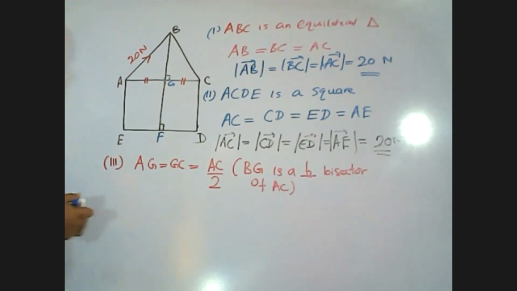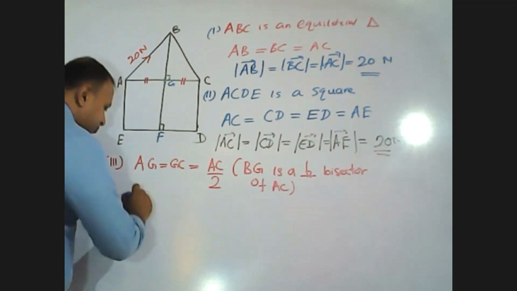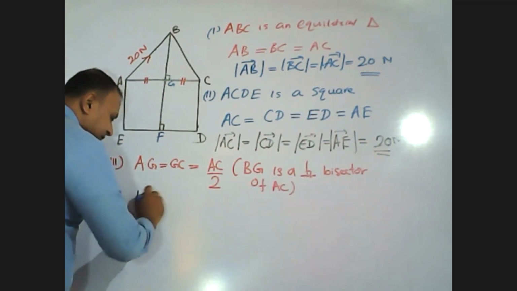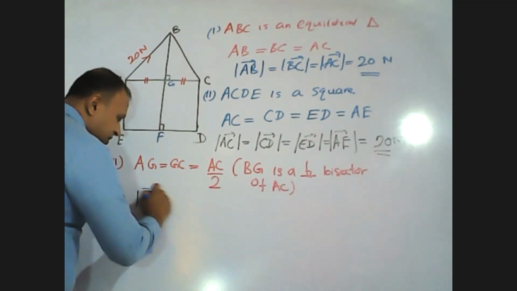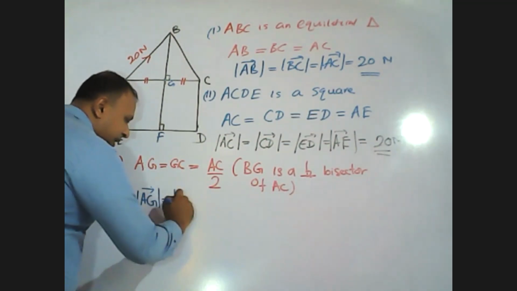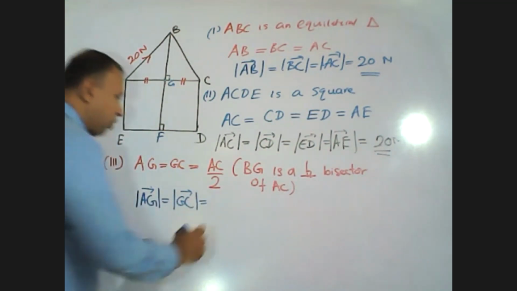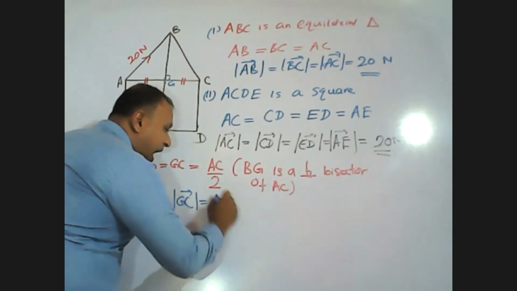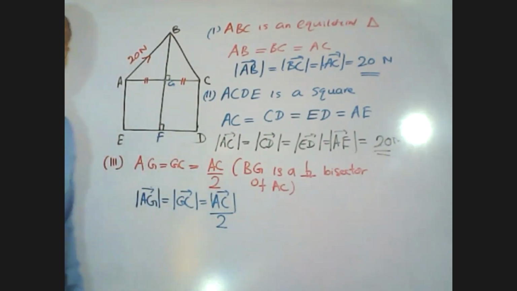Okay. That means, look at how I write this one. The magnitude of the AG vector should be equal to the magnitude of the GC vector, and that should be equal to half of the magnitude of the AC vector.